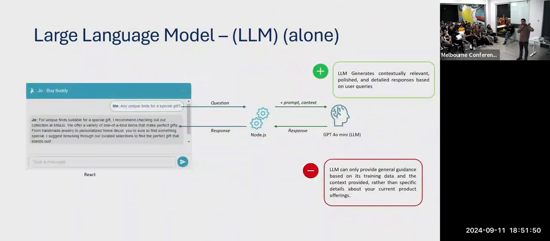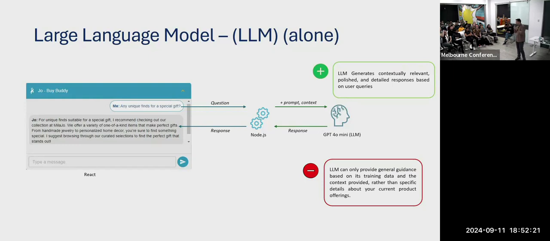When the user asks a question, any unique finds for a special gift, we send a prompt to the OpenAI LLM saying, you are a helpful assistant in our e-commerce shop, this is the question the user asked, what can you reply? The LLM sends a very polished and engaging response saying that for unique finds, should you prefer a special gift, I recommend checking out our collection at Milajo. The response is quite engaging, but it fails to find a product because there's no product information.